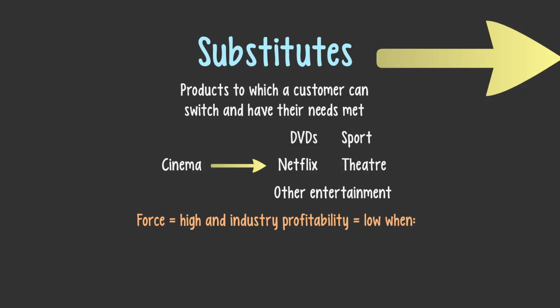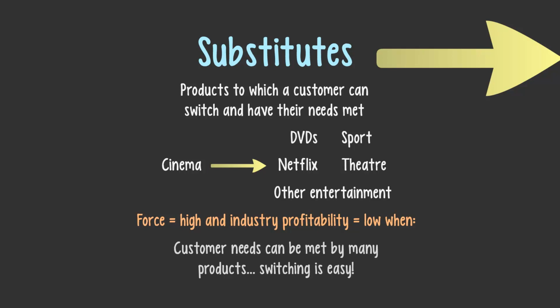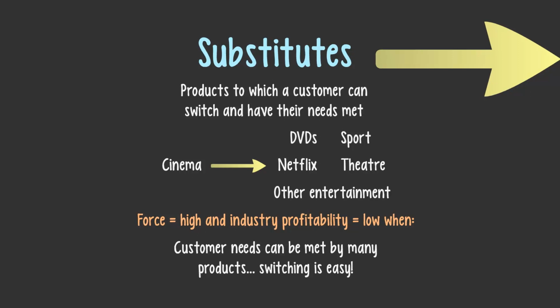So the force is high and the industry profitability low when a customer can easily switch to something else and still have those needs met. And by looking at the cinema, you can see there are lots of different substitutes that customers could go to. So the force would be high and the industry profitability low because of the amount of substitutes that fulfill those needs.